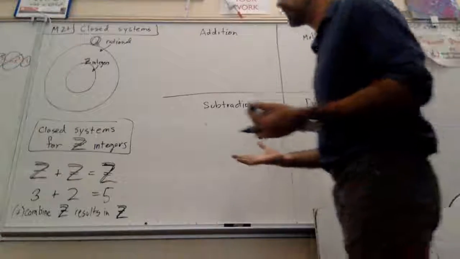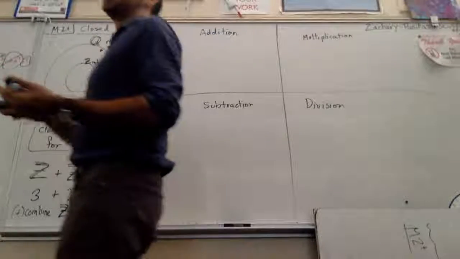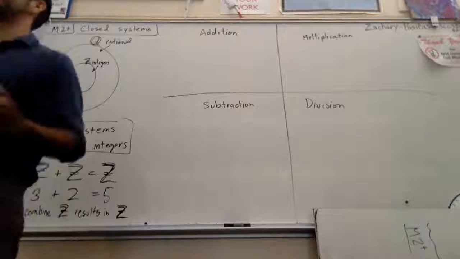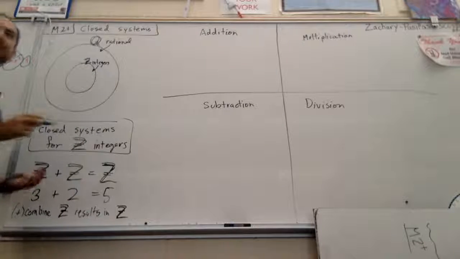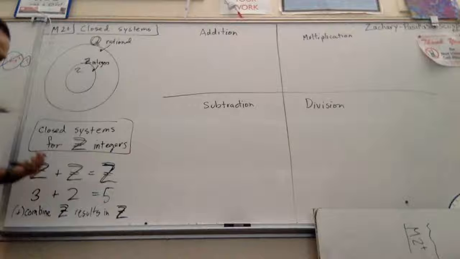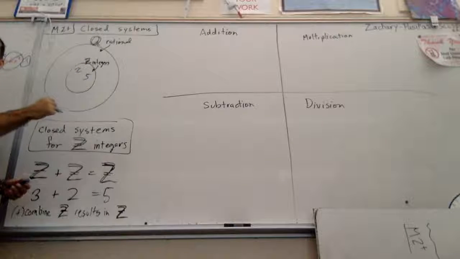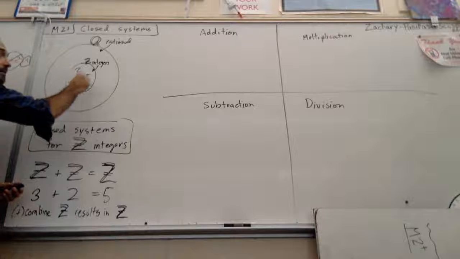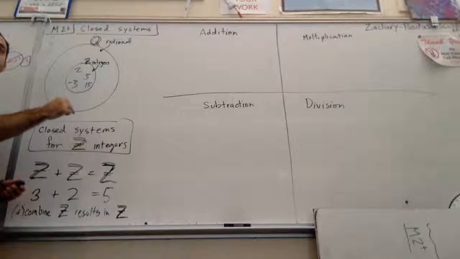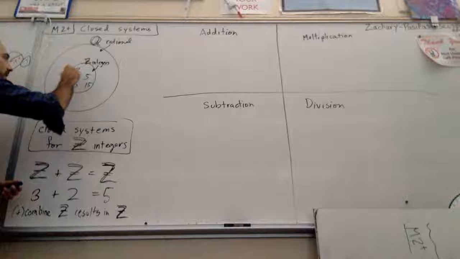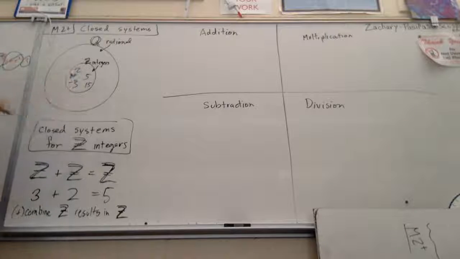Hope that's helpful. Give me an example of an integer. Anybody? 2. What else? 5. -3, 15. Ooh, that's the one we needed. 87. That's good. All right, give me an example of a rational number.